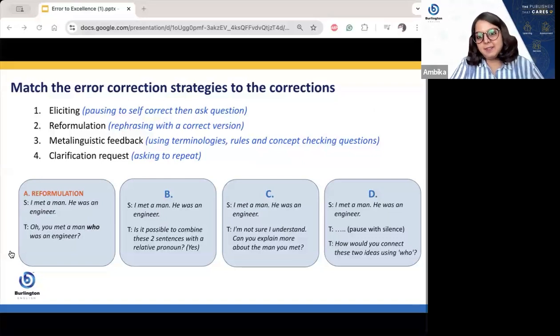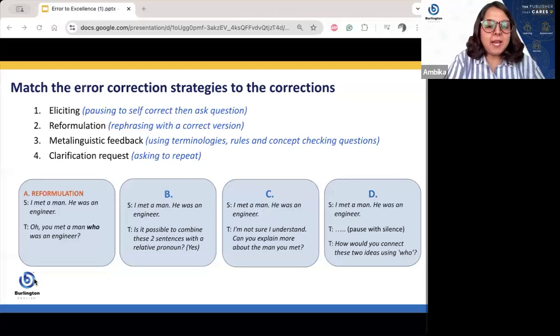So if you notice here, a reformulation is basically rephrasing it with a little bit of stress. So, Meera, shall we just give this a try? You tell me the error and I will try doing the reformulation. You can just read the student. Read the sentence. Okay. I met a man. He was an engineer.